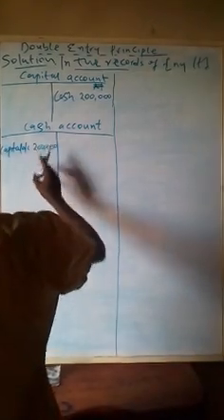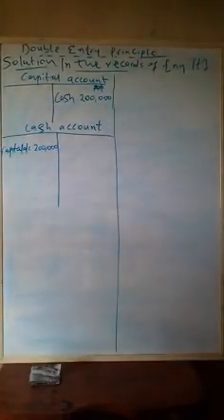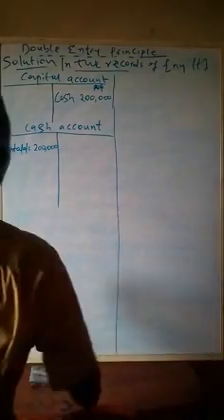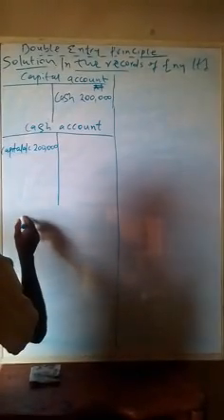Next, pay 180,000 naira out of the opening cash into bank account for the business. In that case, you open the bank account.